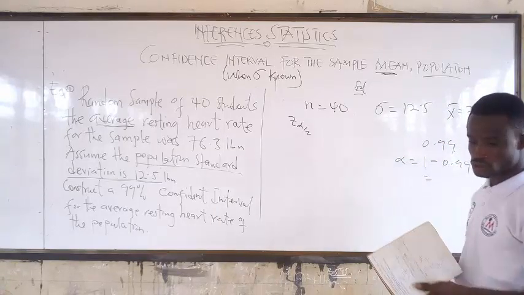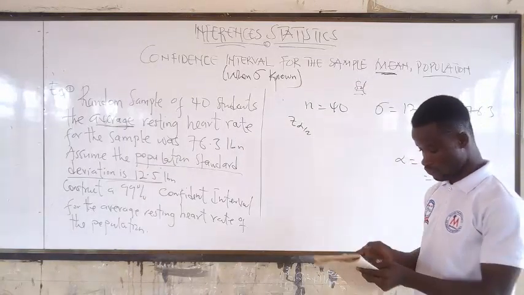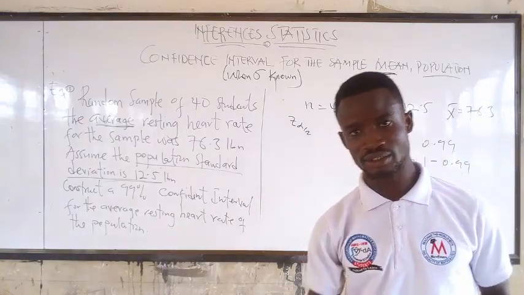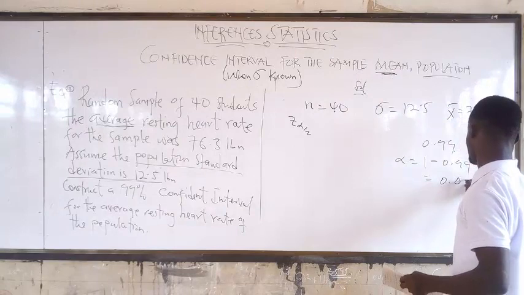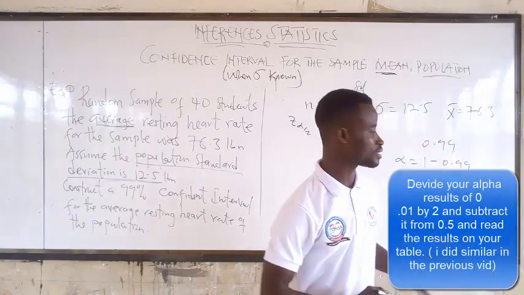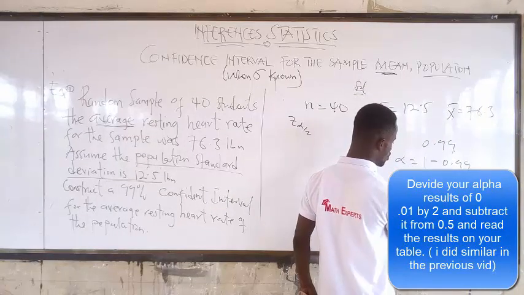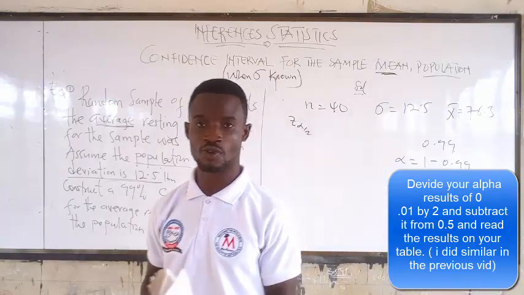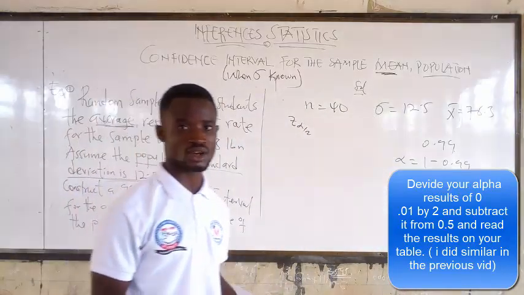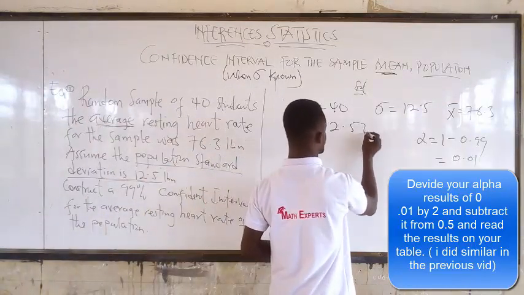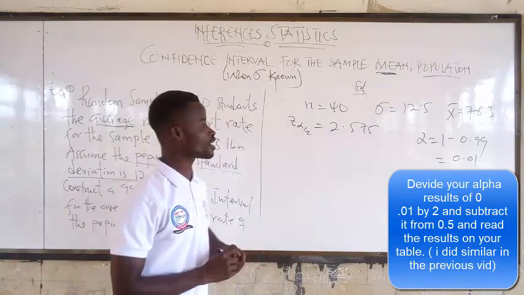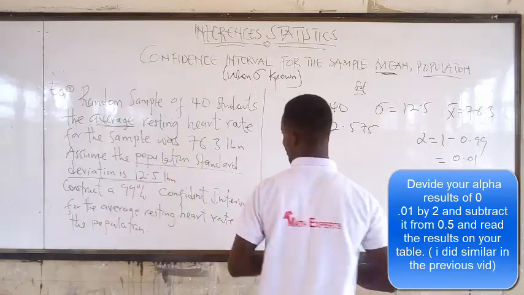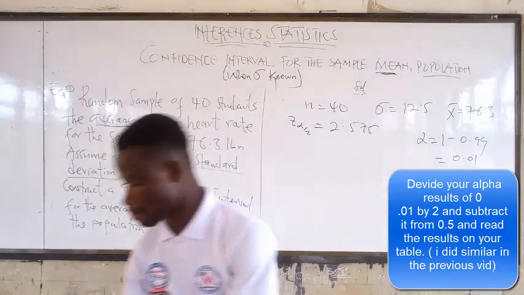So alpha will be equal to, I don't want to confuse myself, 1 minus 0.99, 0.01. So when you get this 2.575, then that is when you go and find your margin.